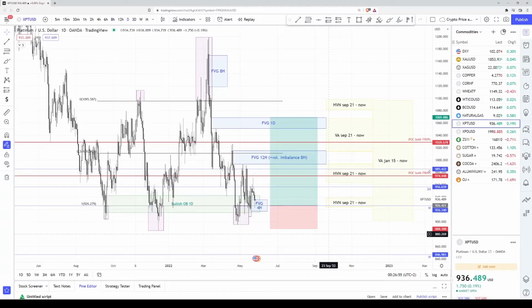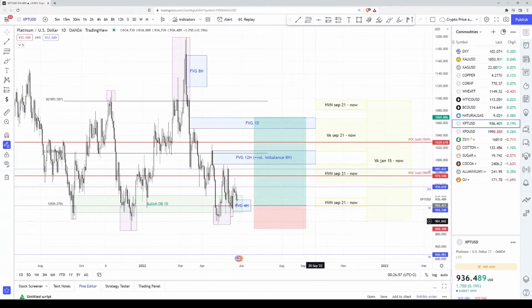One range I looked at for the value area was from September last year until now, and the other one was from January of 2015 until now, more of a zoomed out view. And what we see is that the value area from January 15 is almost the same as the complete range, including this deviation on the downside.